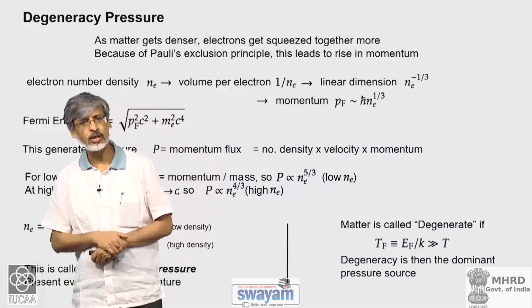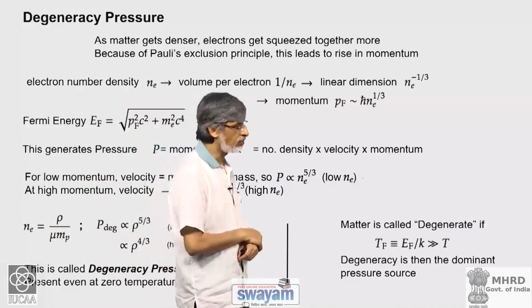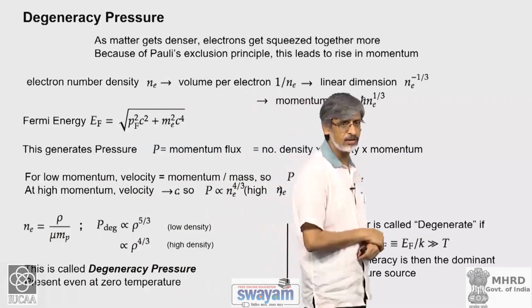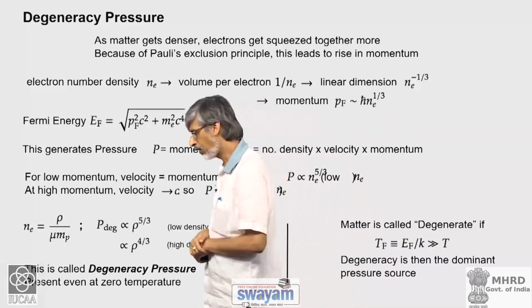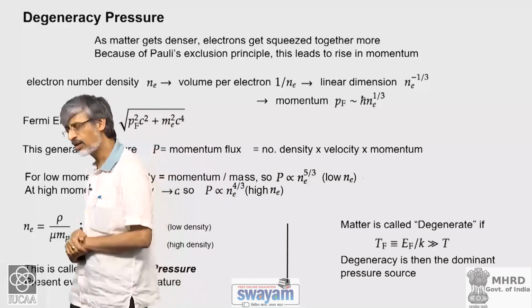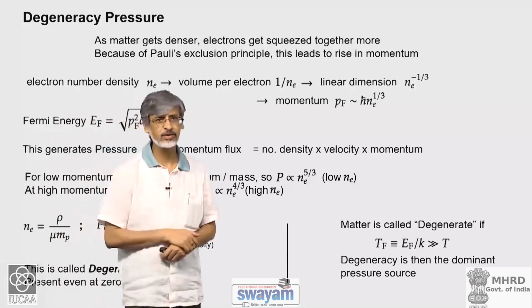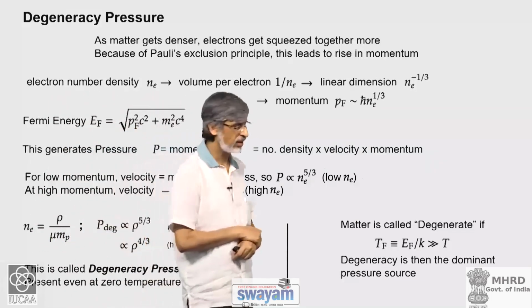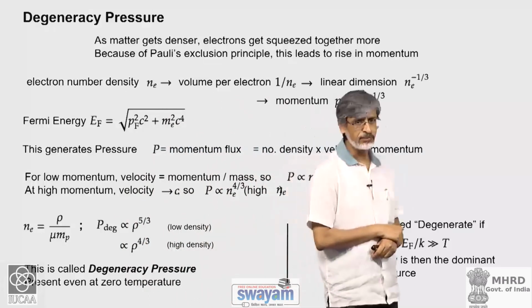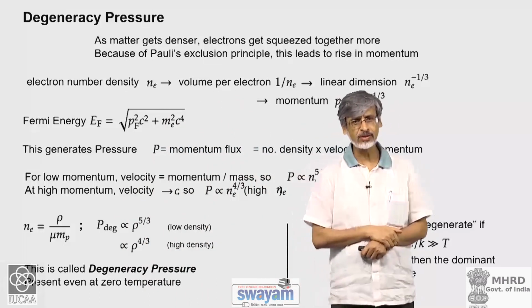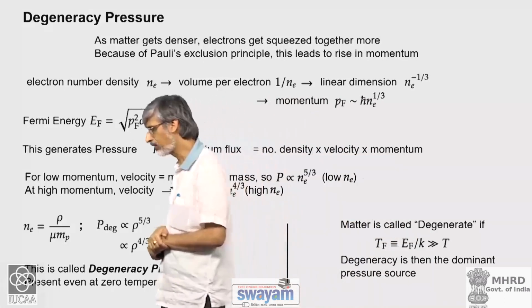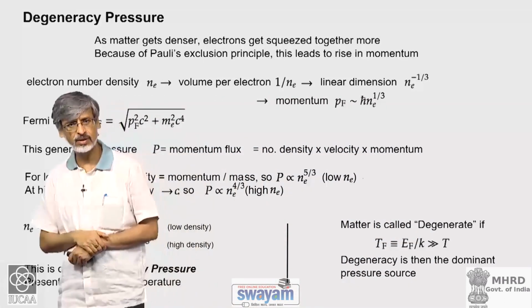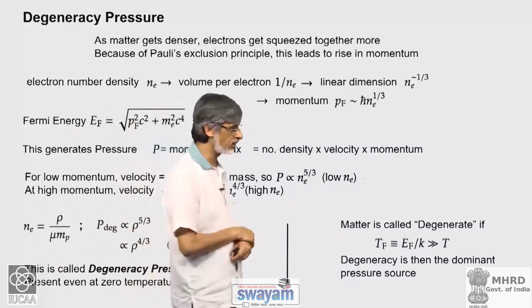So, the total mass density of matter is the number density of nucleons times the mass of nucleons. The mass of a nucleon is m p, and if there are mu number of nucleons per electron, then the number density of nucleons is mu times n e, where n e is the number density of electrons.